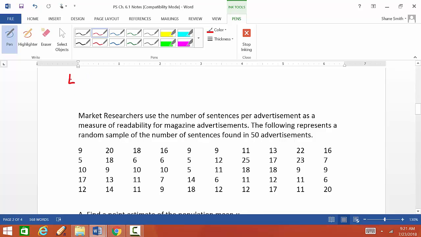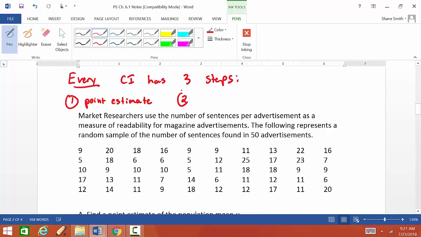Now, for every confidence interval, I'm going to write this at the top. Every confidence interval has 3 steps, at least for our purposes. 1, point estimate. In other words, what is the single value you are using to estimate the population parameter. 2, margin of error.